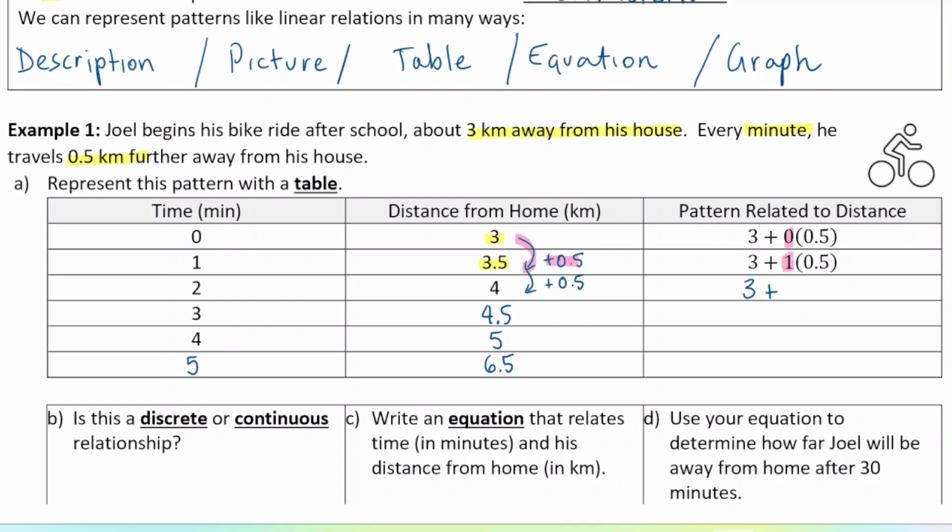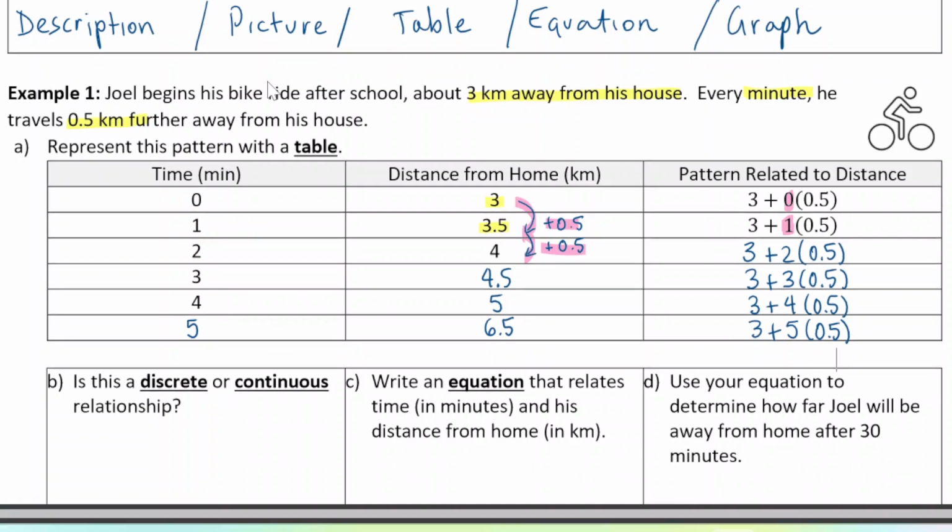And then after 2 minutes, it's going to be 2 times 0.5 because I've increased by 0.5 twice, right? 1, 2. And then so on. So 3 plus 3 times 0.5. And then 3 plus 4 times 0.5. So after 5 minutes, we've done 5 increases of 0.5.